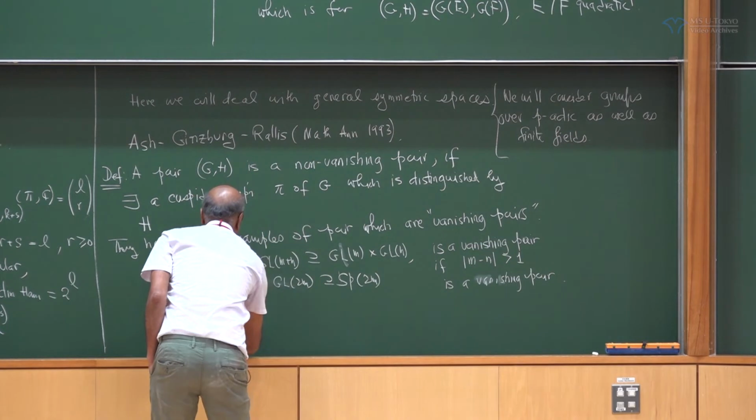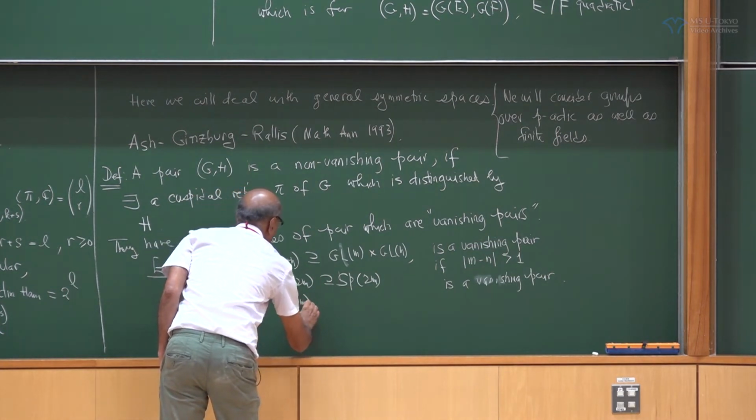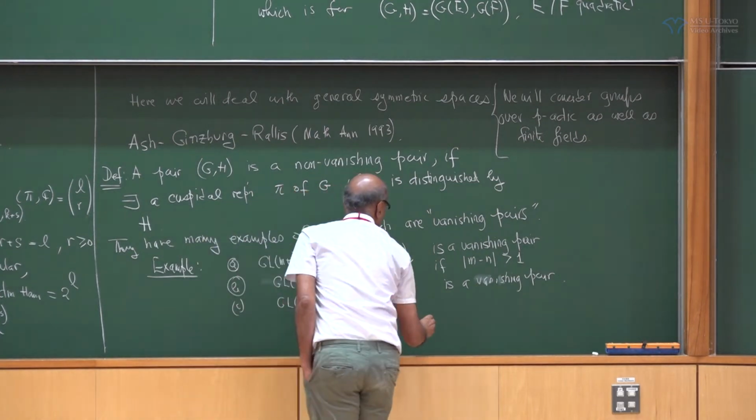Whereas the other symmetric space, GL_m contained in SO_m, is not a vanishing pair.